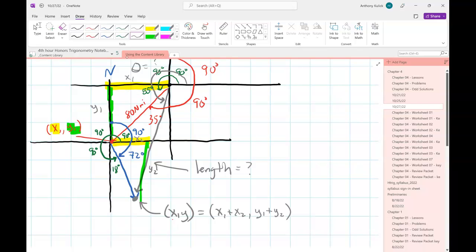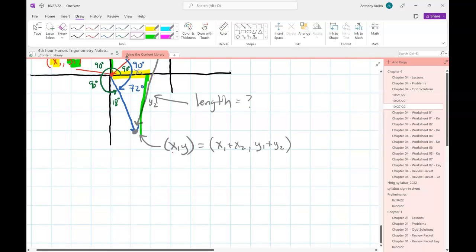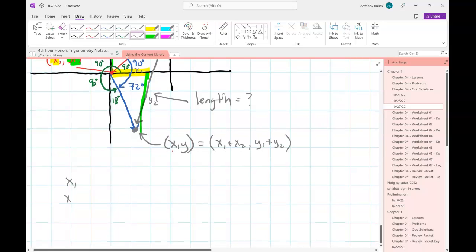All right. So what this boils down to is I need to figure out how to find x1, x2, y1, y2. Does that feel okay?